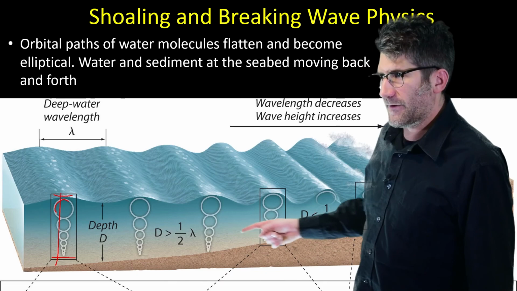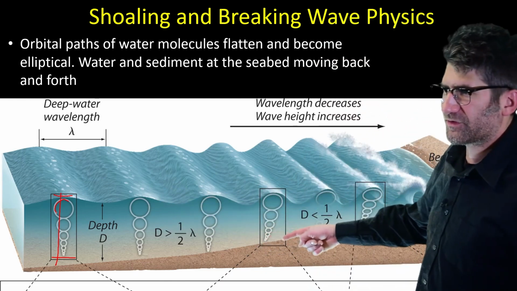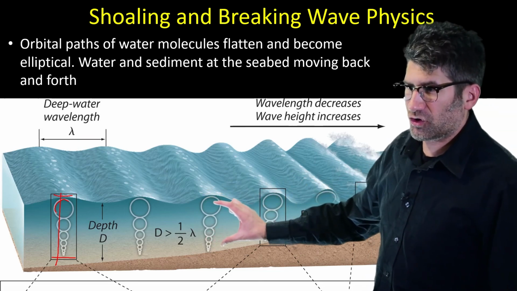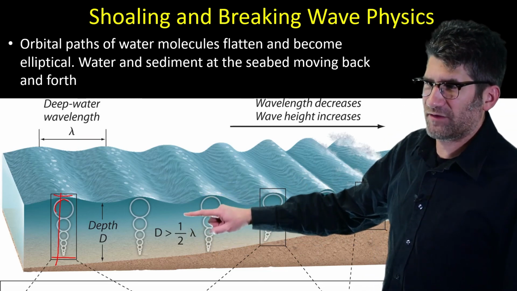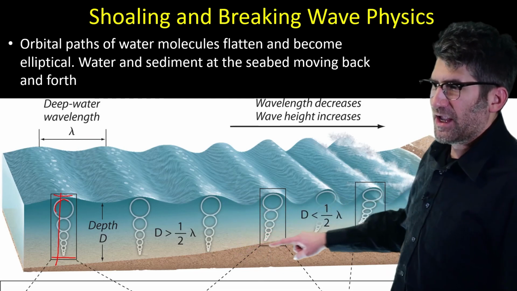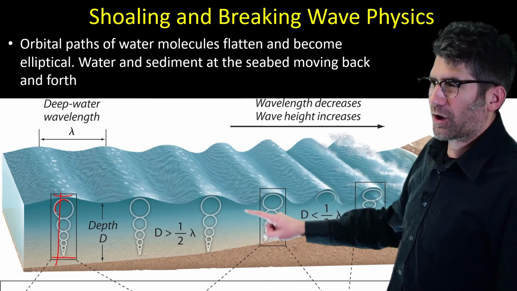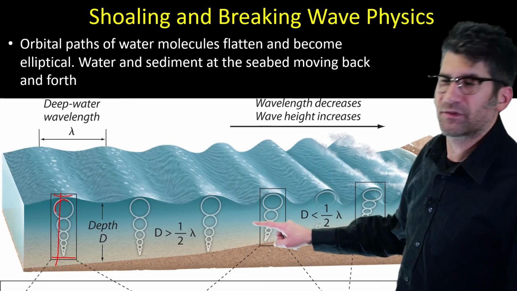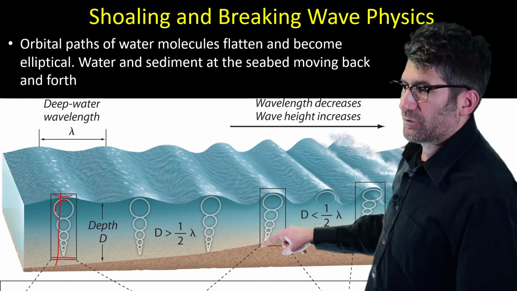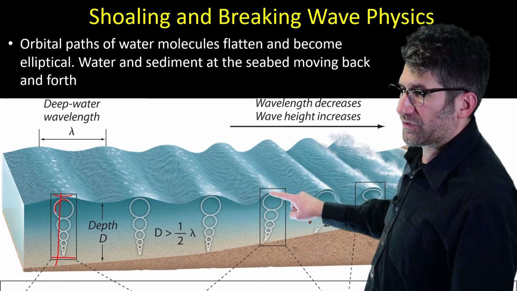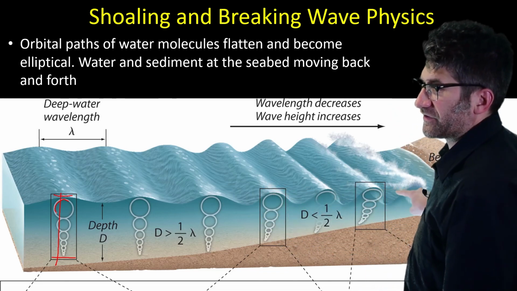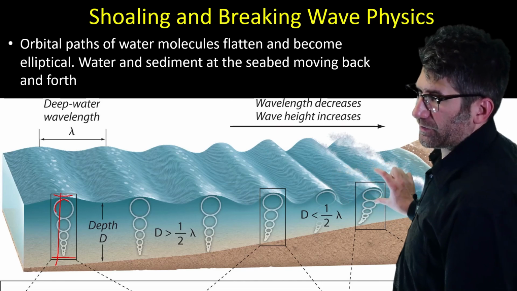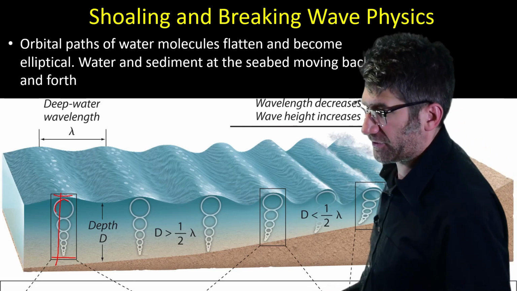However, watch what happens as we start moving our wave towards the shoreline. We start to shoal as our depth becomes one half the wavelength. Our particles at the bottom start to slow down as they interact with the bed right here. They get some friction and start to slow down. But at the top, that wave is still moving at the same speed. So that wave gets steeper and steeper until it crashes and forms that breaker.